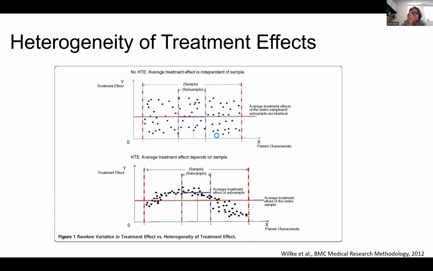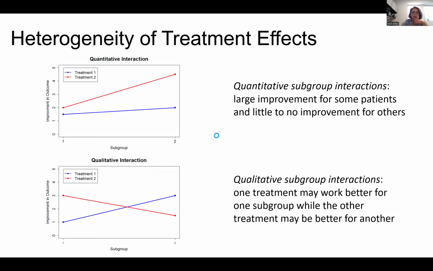But you can see if you just extracted, for example, that patient sample between the purple lines, there is actually a higher average treatment effect. But you wouldn't pick that up just looking at the average treatment effect. Okay, so those dots are spread in different ways around the average treatment effect, depending on the level of patient characteristic X. So that's just a general idea of what we mean when we talk about HTE in the context of clinical trials, or it could be observational studies as well. But again, this is just one example of a pattern you could observe.